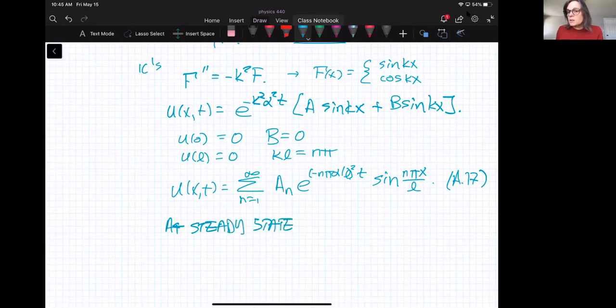Then at steady state, the condition that we're imposing is that this reaches a steady state solution such that u is equal to this u naught, this linear equation that we had before.